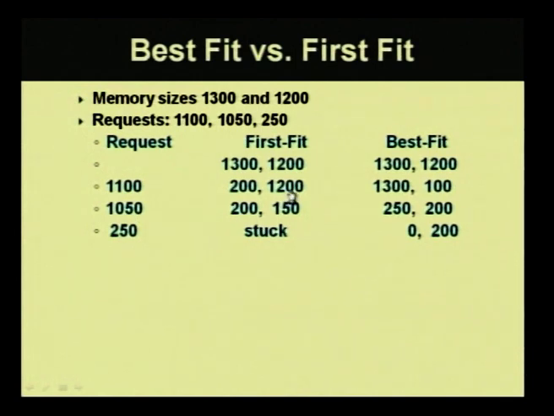After allocation of 1050 to the other memory space, a 150 hole is generated. However, the third request can never be entertained. Therefore, both the best fit and first fit approaches have their own advantages and disadvantages. Therefore, the efficient policy would always be the worst fit approach, because the hole generated will also be large enough to accommodate a forthcoming process inside your operating system.